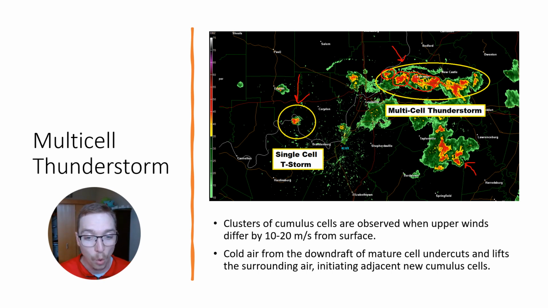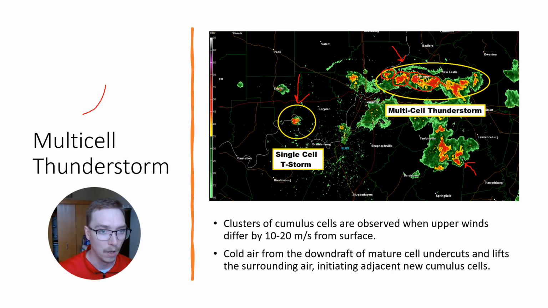Basically, you get cold air from the downdraft of mature cells that undercut and lift the surrounding air, initiating adjacent new cumulus cells. So you've got this feedback loop where you've got the cold air downdraft from the upper portions of our cumulonimbus cloud, right?